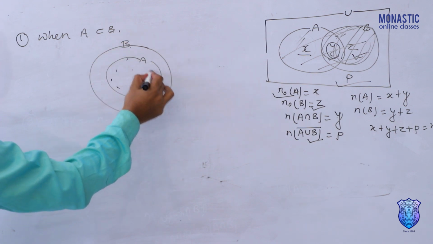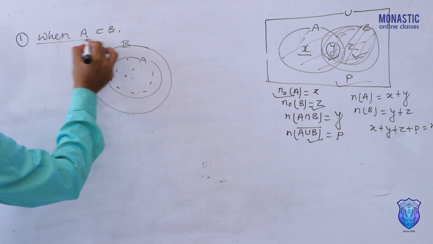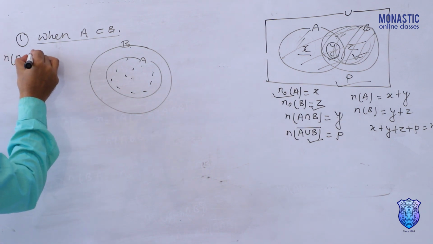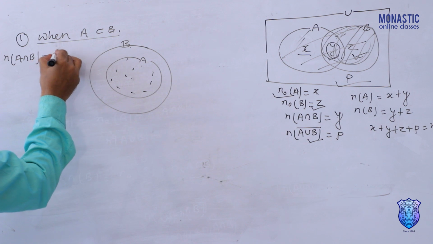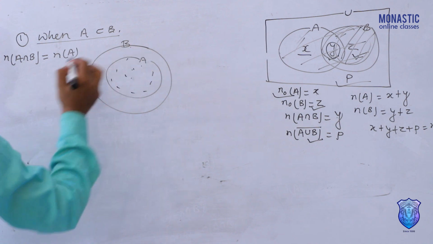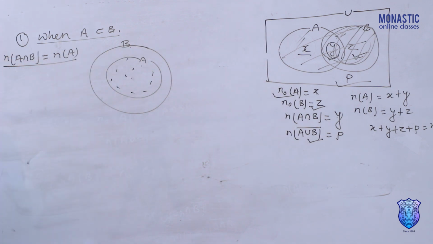Common between these two will be this. So when A is a subset of B, number of A intersection B is number of A. And if we use this, then we will get another formula.